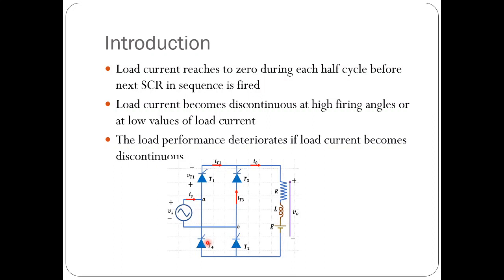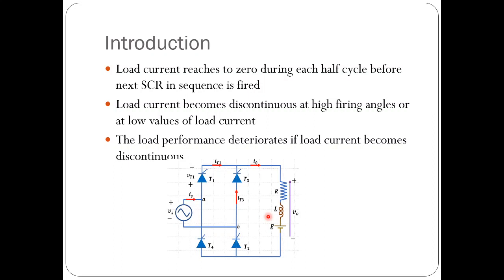For example, if load current reaches 0 before the next sequence of thyristors are fired, let me say from alpha to some beta, which is less than pi plus alpha, thyristor 1 and thyristor 2 are conducting, and at beta, before thyristor 3 and thyristor 4 are fired, load current reaches 0, then current would be maintained at 0 only from beta to pi plus alpha.